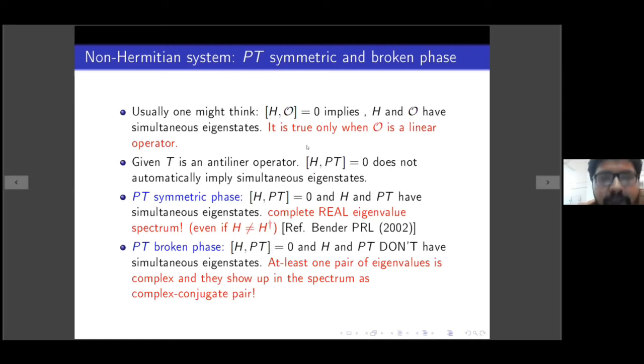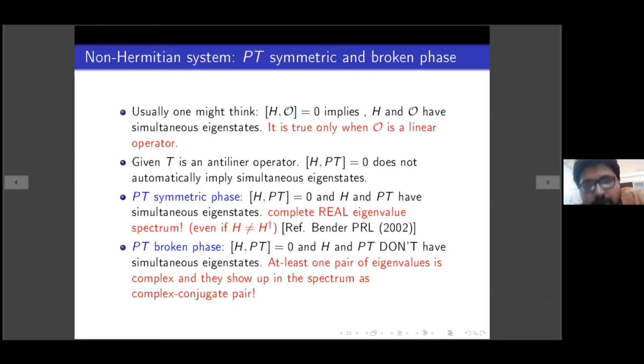It turns out that you can have two types of situations. One we call a PT symmetric phase, where H commutes with the PT operator and H and PT also have simultaneous eigenstates. Then you have a completely real eigenvalue spectrum, even if H is non-Hermitian, which means H is not equal to H dagger.